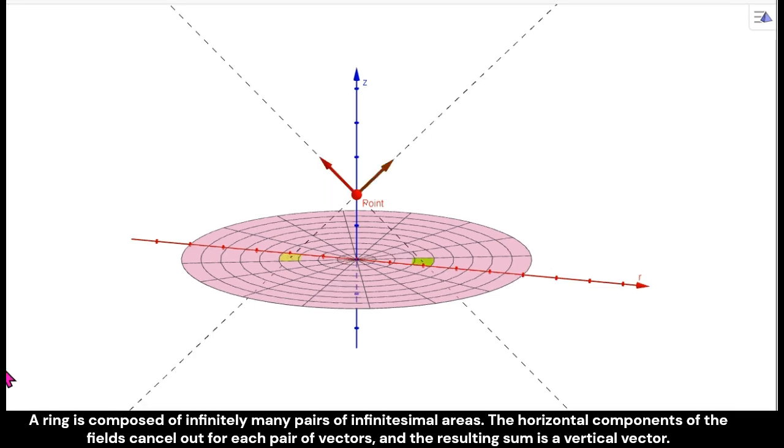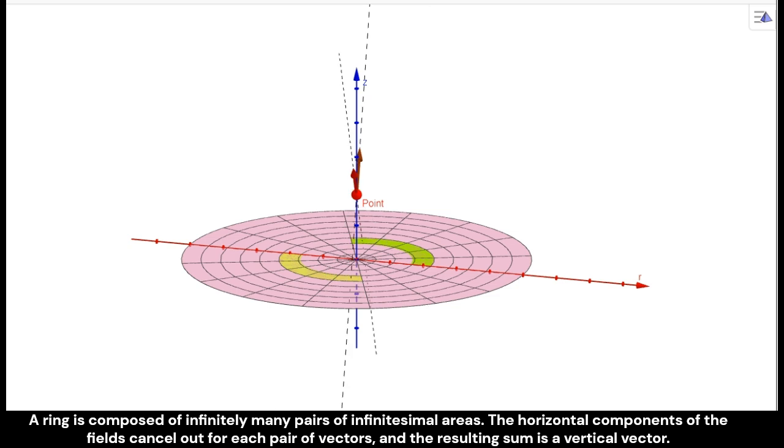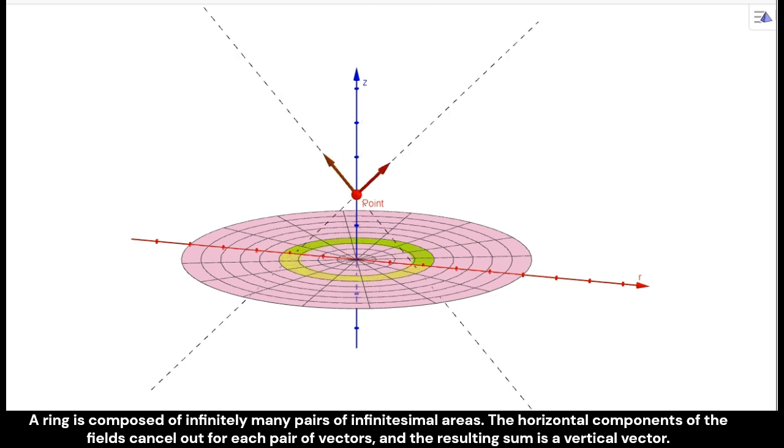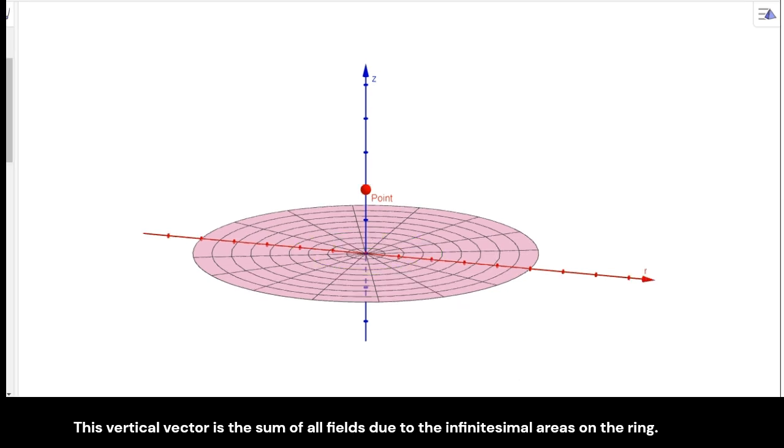The horizontal components cancel out for each pair of vectors, and the resulting sum is a vertical vector, which is the field for the ring. This vertical vector is the sum of all fields due to the infinitesimal areas on the ring shown.